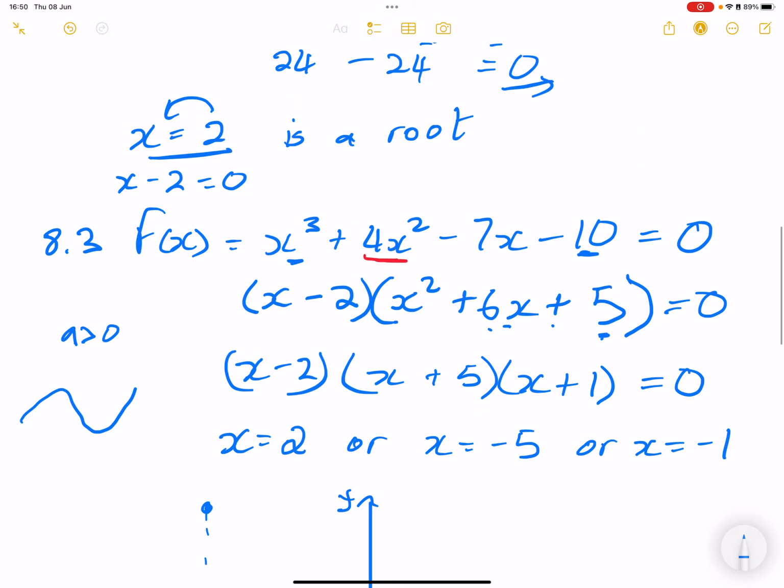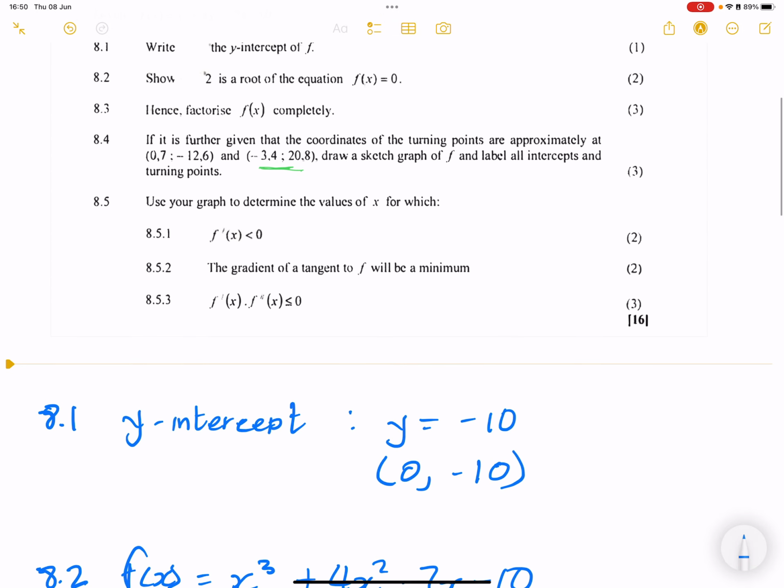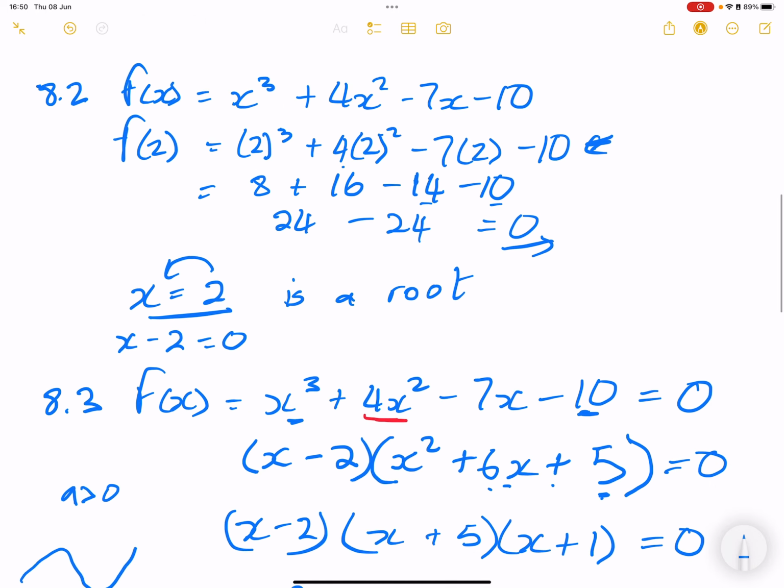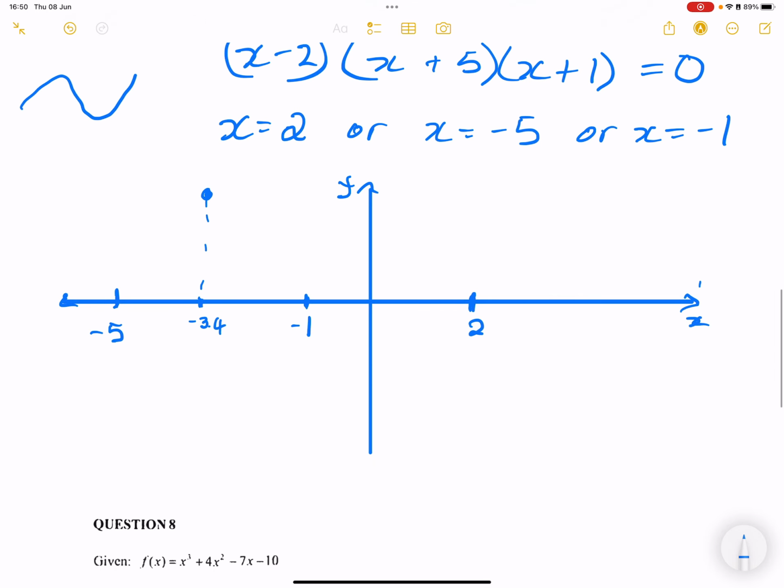The next one would be where we've got 0.7 and negative 12.6. So 0.7, let's say somewhere there, and negative 12.6. As I said, I will make no attempt. So 0.7 and negative 12.6.